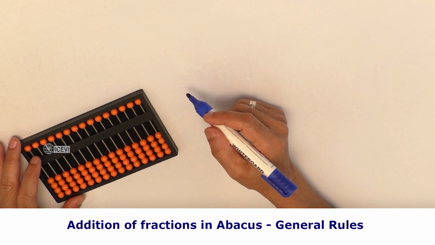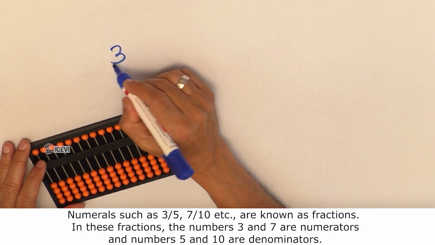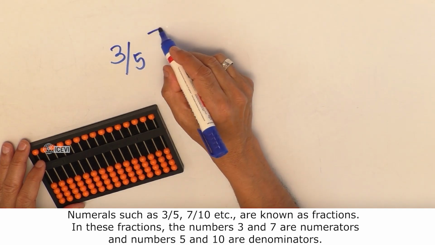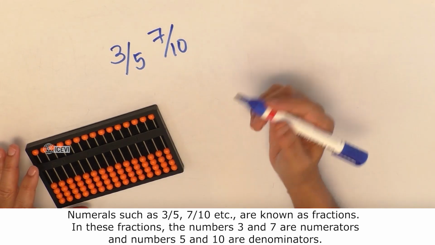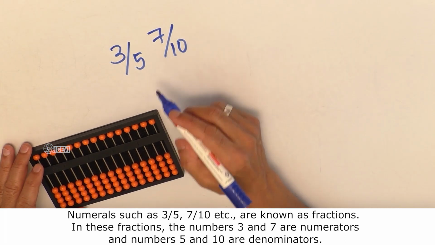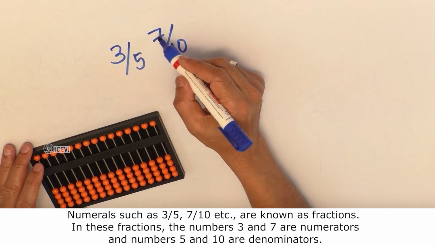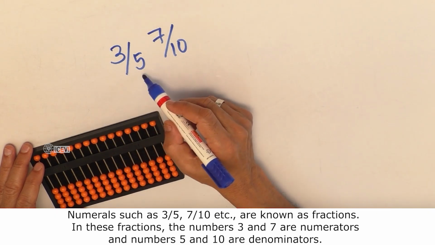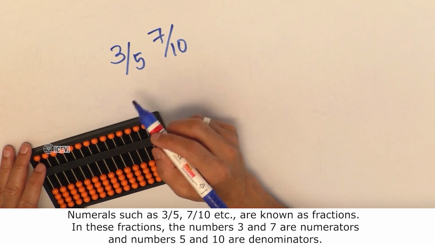General rules. Numerals such as 3 by 5 and 7 by 10 are known as fractions. In these fractions, the numbers 3 and 7 are numerators and the numbers 5 and 10 are denominators.